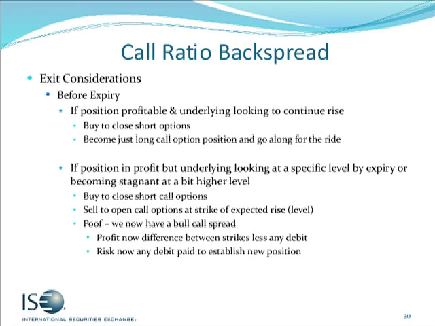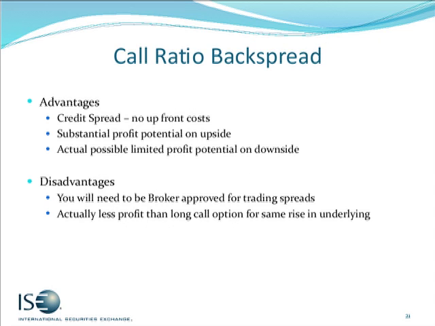What specific level? Or is it going to be a little higher? Well, then what we've done is converted this into a bull call spread. We know that the profit now is the difference between the strikes less any debit in the trade, and the risk is any debit paid to establish the trade. So we've rolled out a little bit and changed the structure of it, maybe a little more comfortable for some people.